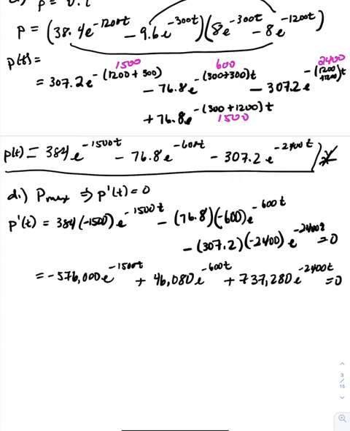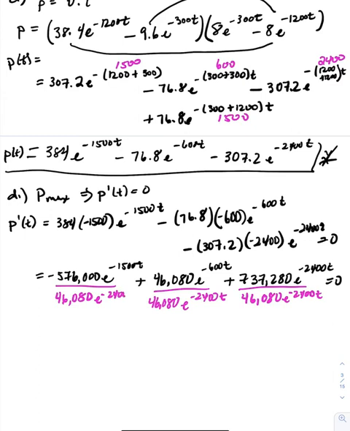Let's reduce this a little bit here, make it easier to read. Let's divide by 46,080 and then e to the minus 2400. So we'll divide by the smallest, and we'll do it here too.